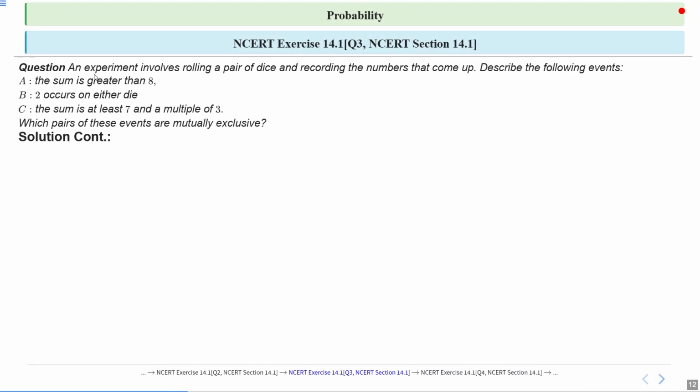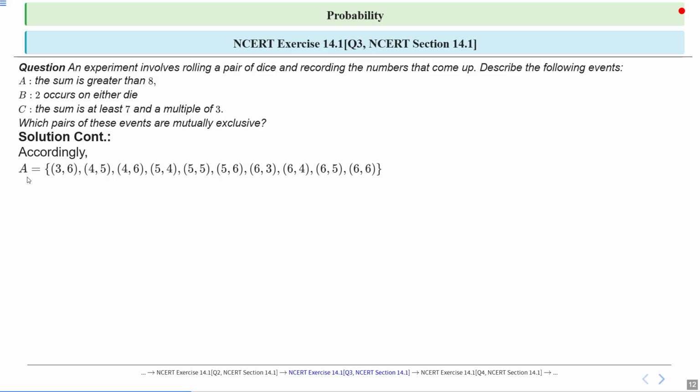Here you can see A is basically the sum is greater than 8, B is 2 occurs on either die, and event C denotes the sum is at least 7 and a multiple of 3. So now find accordingly.